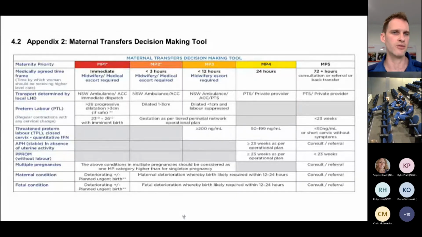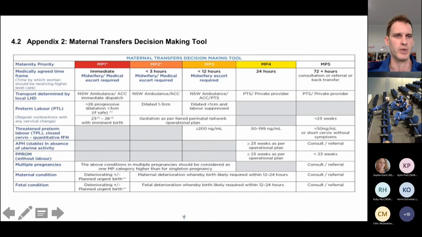This is taken from the tiered perinatal network guidelines for New South Wales, and it's a matrix for decision making around retrievals of pregnant women. On the right hand side of the screen are very low acuity cases where they can be moved by a patient transport provider, and then right up to the left side of the screen are immediate cases, things like preterm labour with imminent birth, and they are immediately dispatched, and that might be a midwife plus or minus a medical escort.